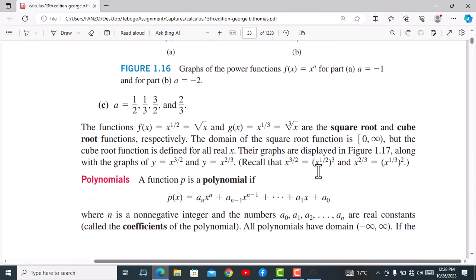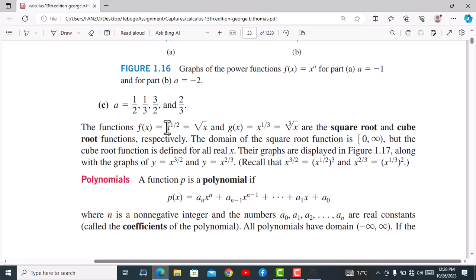So the graphs of the power functions f(x) = x^a, for part a, a = -1, and for part b, a = -2. So a can be 1/2, 1/3, 2.5, 2/3, and so on.